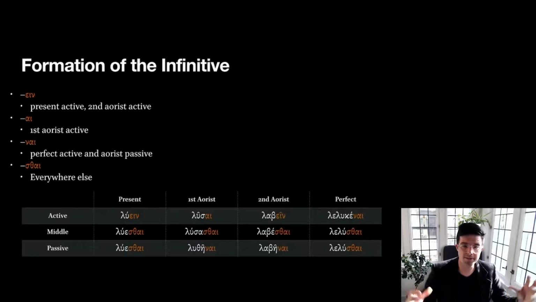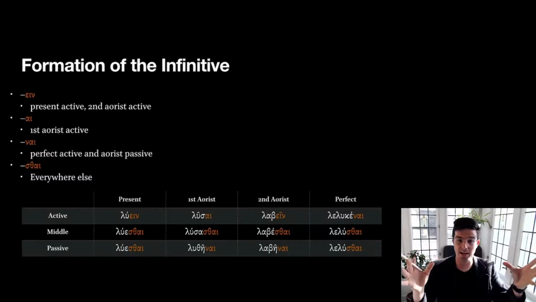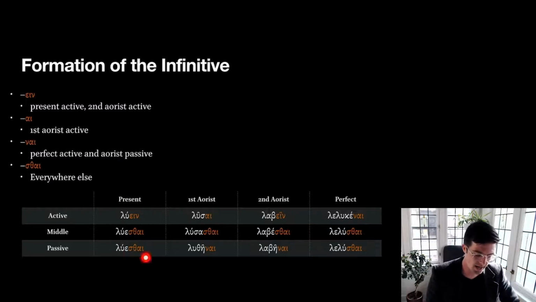And so if we were to put this all together into one chart, we get something that's a little bit more simplified. So when we had all of these listed up here by formation, that might get a little bit more overwhelming to you. Here we have them in one chart with our active, our middle, our passive, and then the various tenses of the infinitive that you're going to see. And you'll notice that there's only present, aorist, and perfect infinitives listed here.